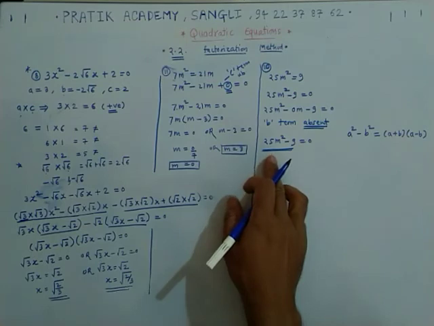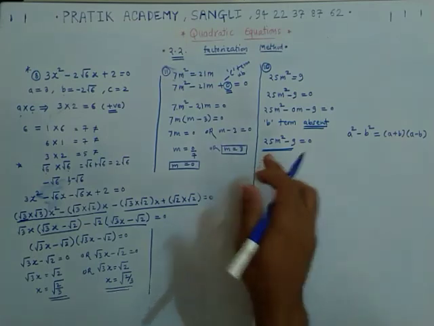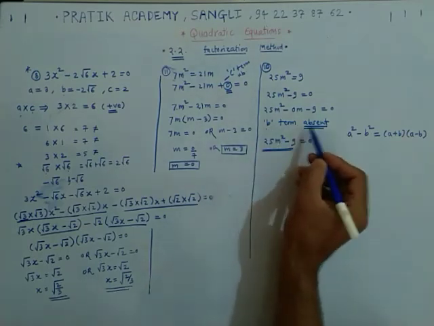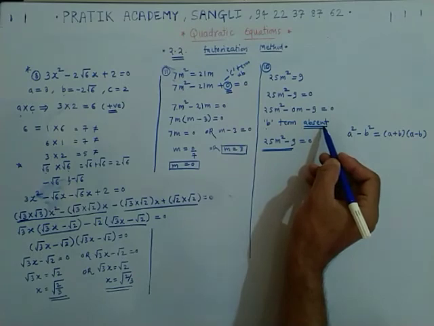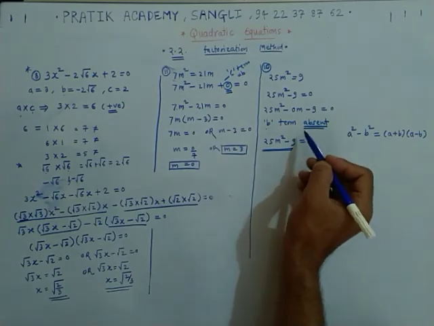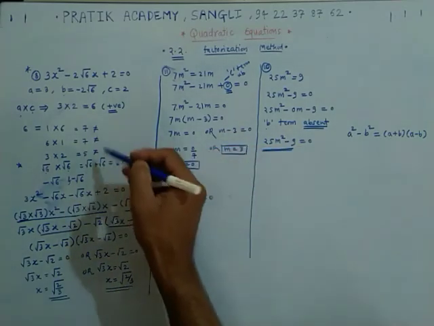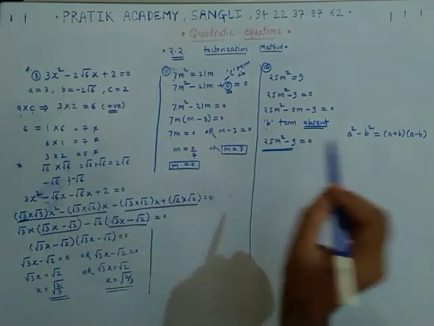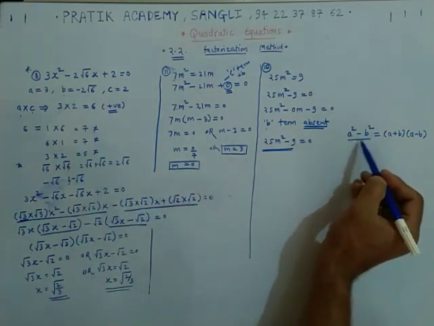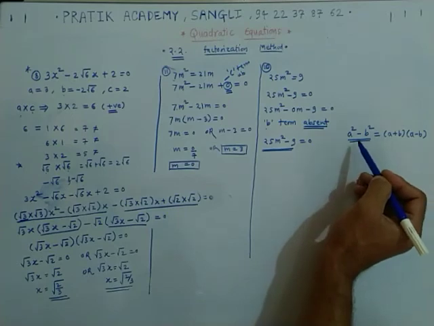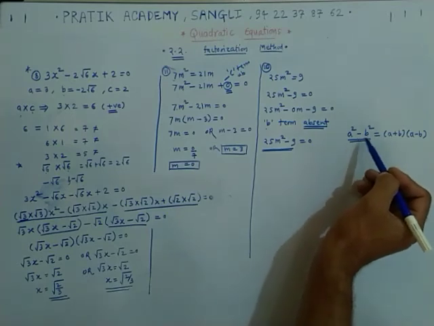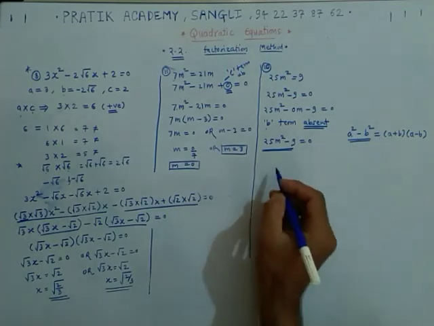Okay, when to use it? When the b term is absent in the quadratic equation. We cannot find roots by the earlier method, so we have to use this expansion formula for a square minus b square.